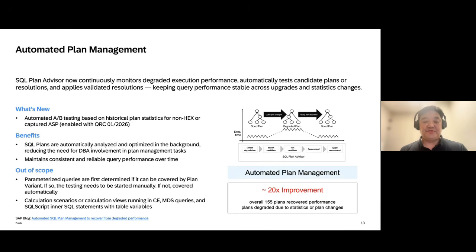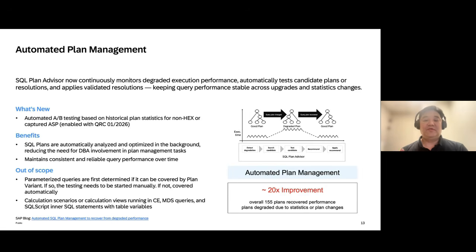Currently, there are some features that are still out of scope. For parameterized queries, we first check if this can be covered with the plan variant. Plan variant means multiple plans for the same statement.